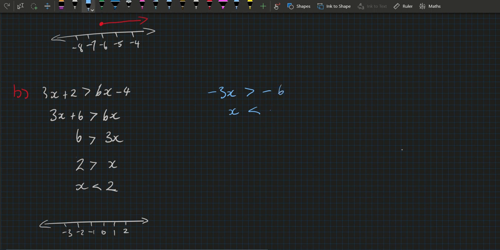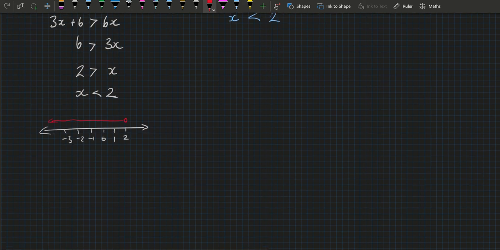So minus 6 divided by minus 3 becomes 2, and if I flip it around, it becomes x less than 2, and it still ends up being the same thing, okay? So I'm going to have x strictly less than 2. So open circle, and away it goes, off to infinity, okay?